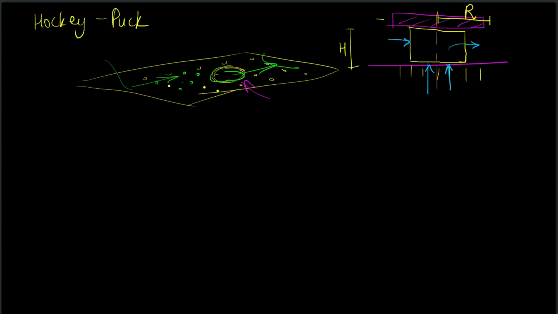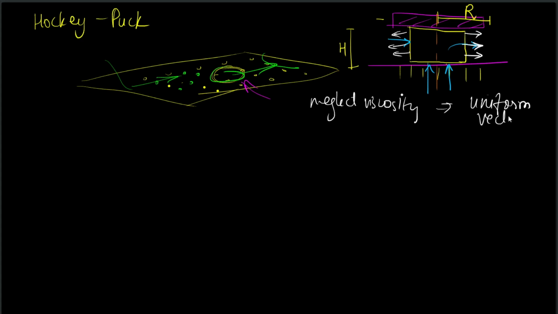Neglecting the effect of viscosity means that the velocity is uniform at all the cross sections. This will be clearer in the later classes, but anyway, it's given that it has a uniform velocity. So the question is, what is the velocity?